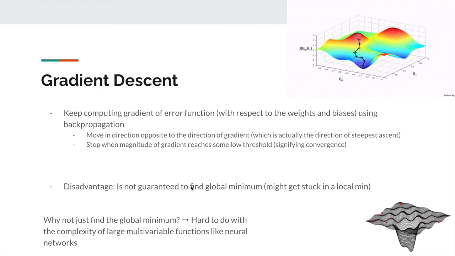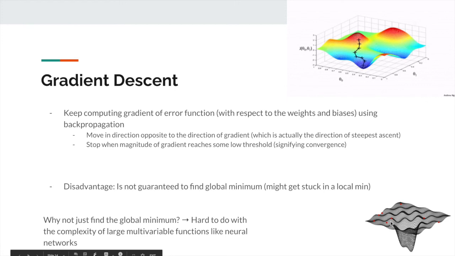Okay, one thing to note with gradient descent is that there is a chance that you get stuck in some local minimum. If you've taken calc, or pre-calc as well, you know that there are local minimums in functions where you arrive at some sort of flat point in your graph, but that's not actually the least value that your function can take.